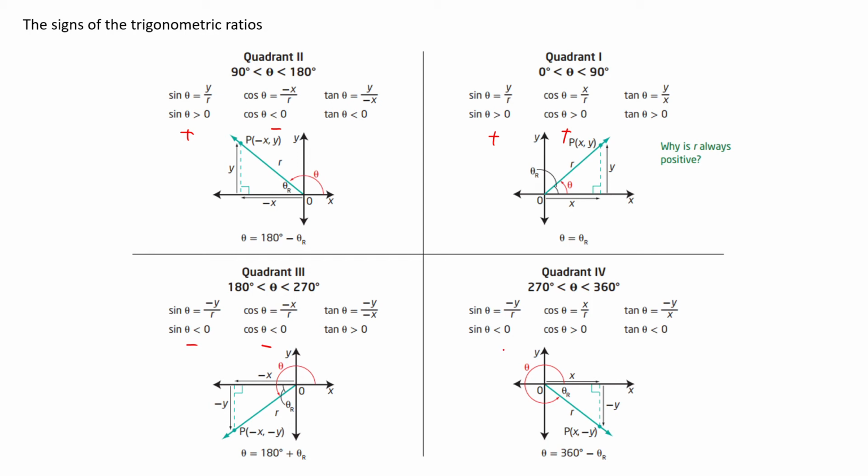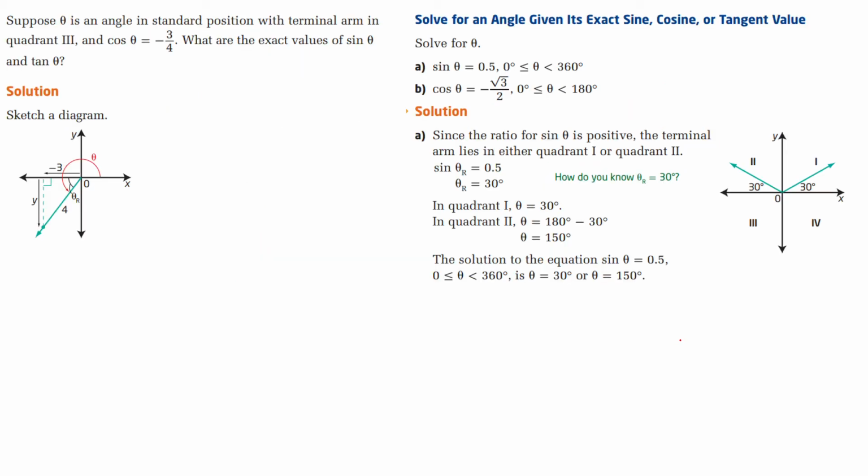And in quadrant 4, sine is negative, cosine is positive. It's actually pretty straightforward when you consider either the unit circle or just pick a random point with the coordinates in different quadrants. So let's take a look at examples.